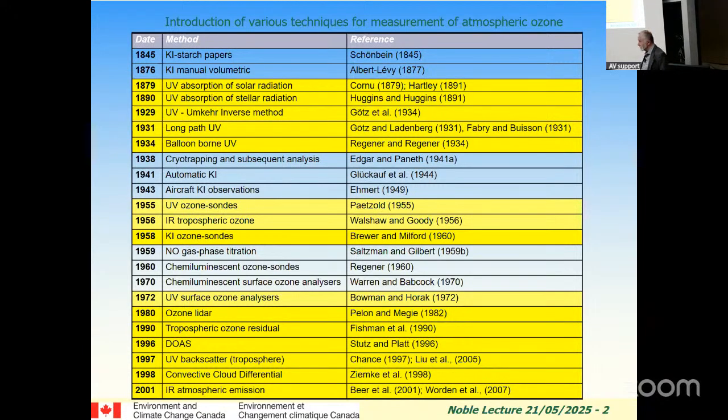Some of them much more recent. LiDAR really wasn't possible until the invention of the laser and the modern computer, because many of these more modern methods involve quite extensive data reduction.